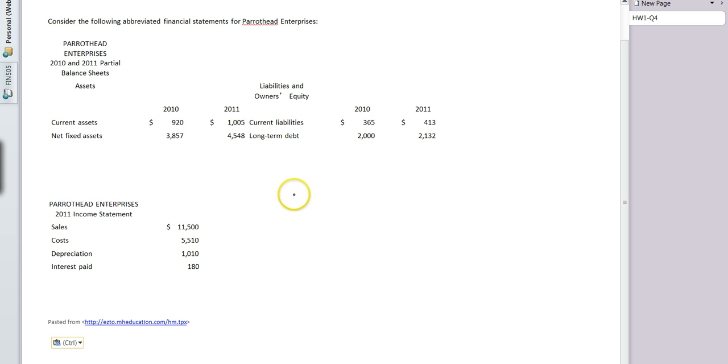So if I write down right here, part A. So balance sheet identity, in other words, it has to be satisfied. That means total assets has to equal total liabilities plus owner's equity.